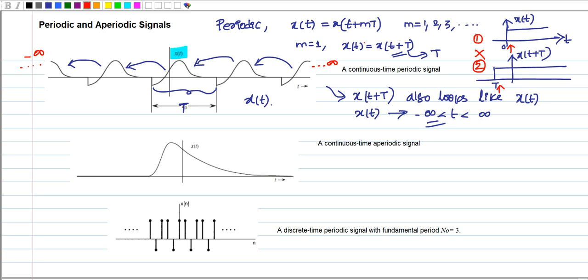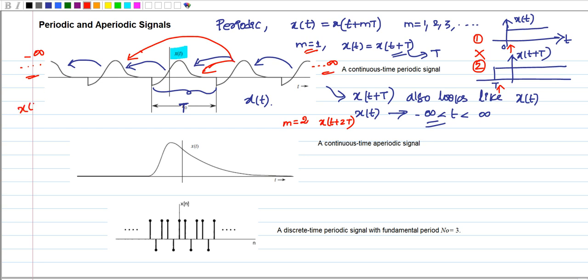Suppose I have taken m equal to 1 here; if I take m equal to 2, I'll get x of t plus 2T. Even if I shift two times, I mean if I shift this signal over here instead of here, I'll get the same thing, because the signal ranges from minus infinity to plus infinity.